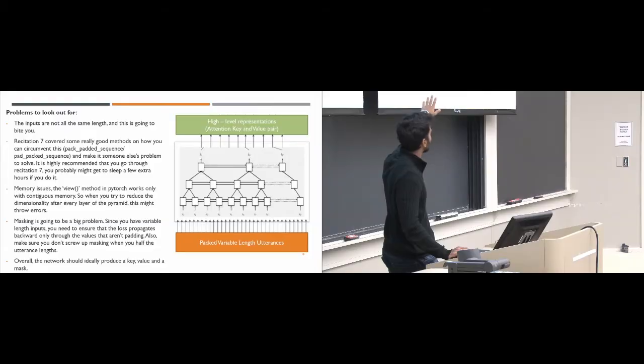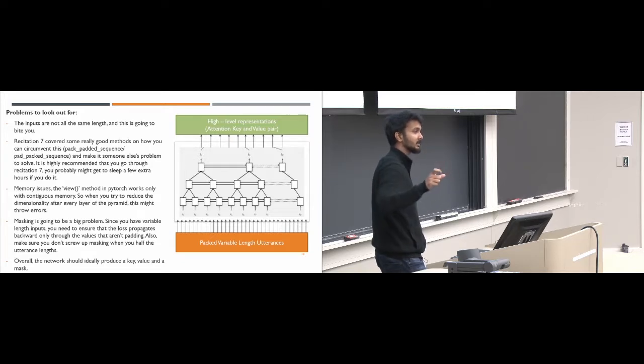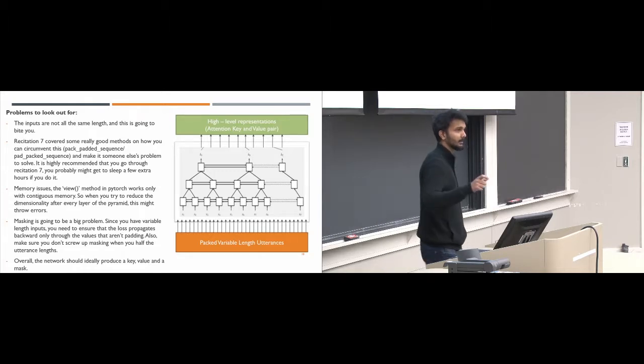Overall, you have utterances, and you produce 3 different outputs from the encoder. That is our suggestion. Implementation is up to you. But you have 3 outputs. One should be a key, one should be a value, and one should be a mask, telling you which areas of these keys and values are important and which areas should be ignored. So you have a set of variable length utterances.